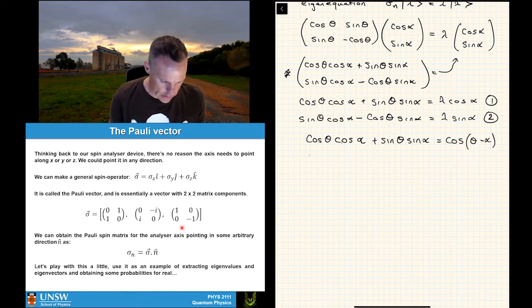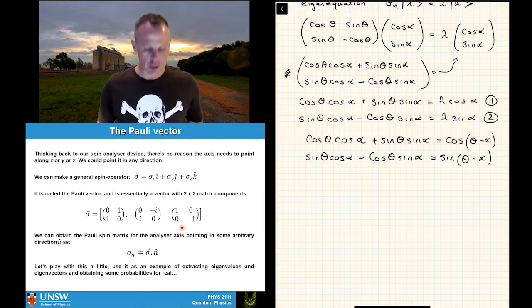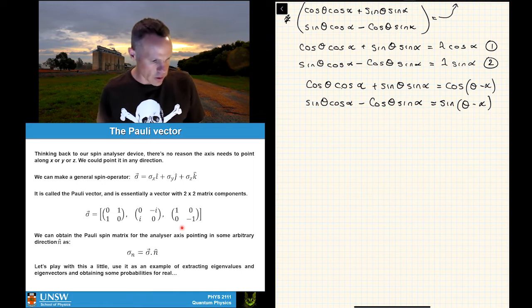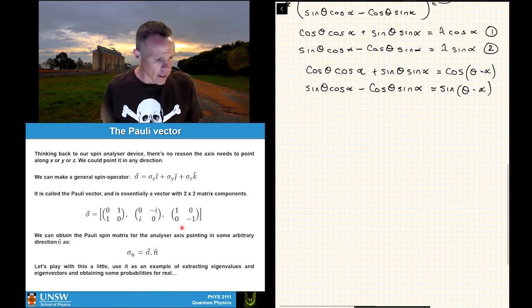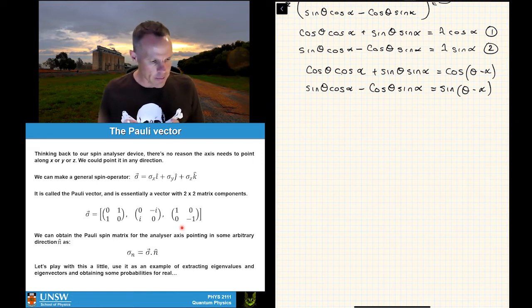And the other one is that sine theta cos alpha minus cos theta sine alpha is equal to sine of theta minus alpha. You should have seen those in first year, may even have seen them in high school, because I remember being taught these in high school as well. So what I want to do here is now take my equations 1 and 2 and reduce them down.